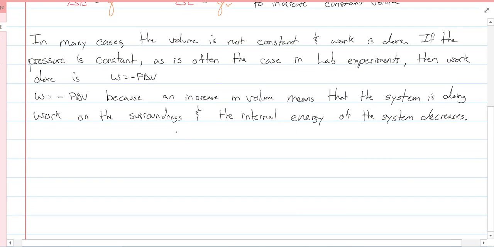We go back to delta E is Q plus W. Heat plus the work. The change in internal energy of a system is equal to the heat and the work. Well, if we substitute for work, delta E is equal to Q, the heat, minus P dV for the work.